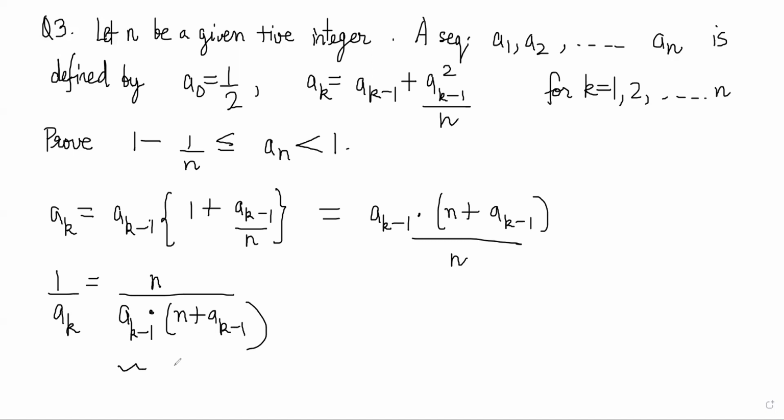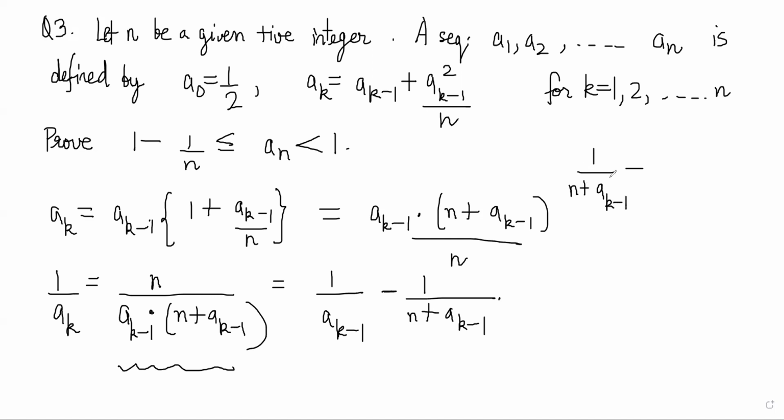It is obvious from here that this can be split into two terms. I can write it as 1 by ak minus 1 minus 1 by n plus ak minus 1. So therefore, I have this nice relation: 1 by n plus ak minus 1 is equal to 1 by ak minus 1 minus 1 by ak.